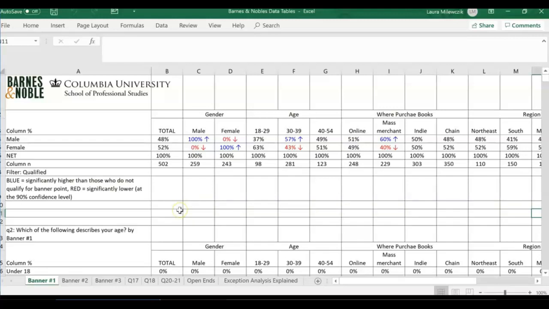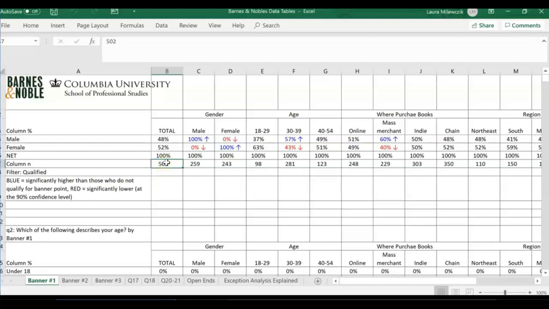The next key concept I'd like to discuss with you is how to actually read the data tabs. So down here, below the question number, it shows you how many respondents answered that question. So if we look at our first question in our questionnaire, which was gender, you'll see that we have 502 respondents answering that question.